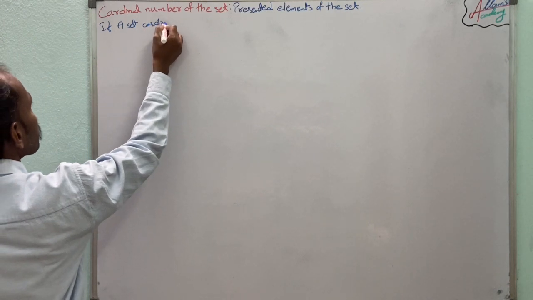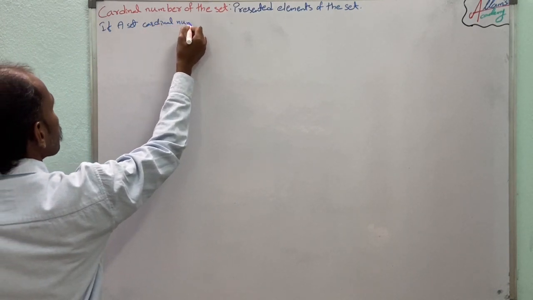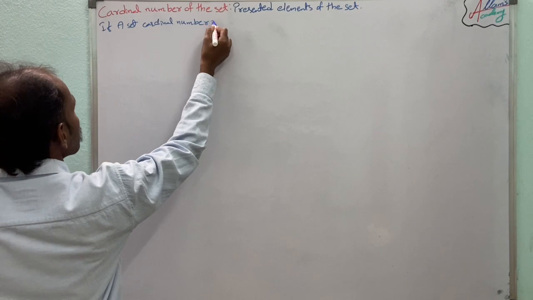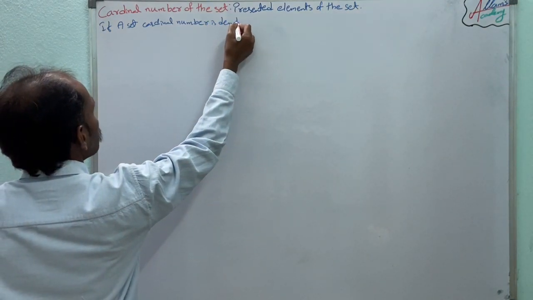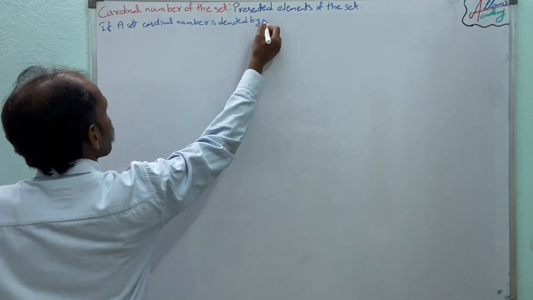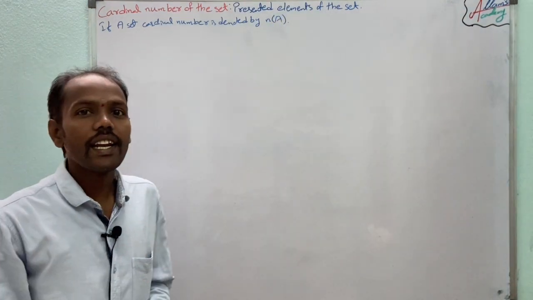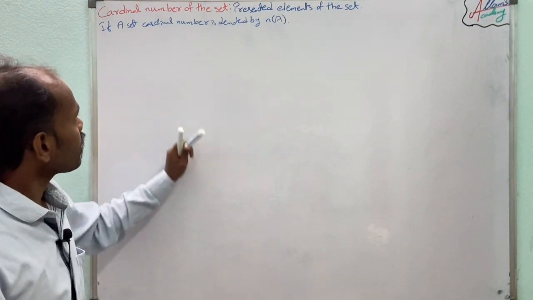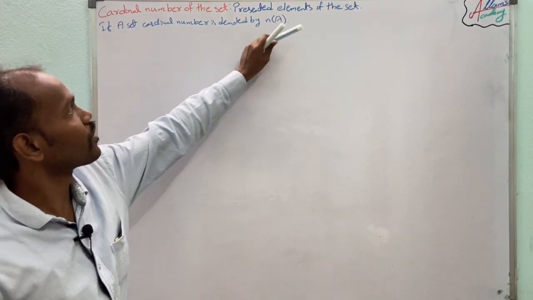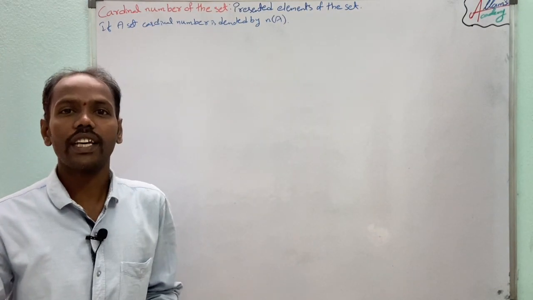The cardinal number of the set A is denoted by n(A).